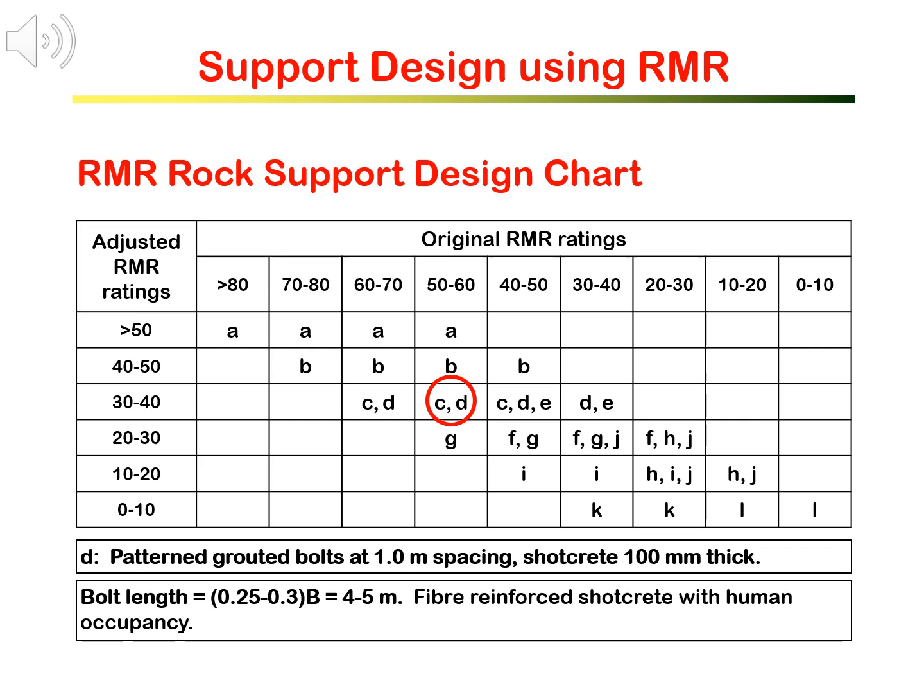The shotcrete should be steel fiber reinforced to provide additional safety for human occupancy. Bolt length is 0.25 to 0.3 times the span, which gives 4 to 5 meters. Perhaps you can compare the support design using RMR here with the support design using the Q system in the last session.